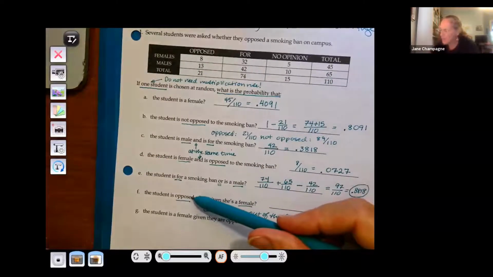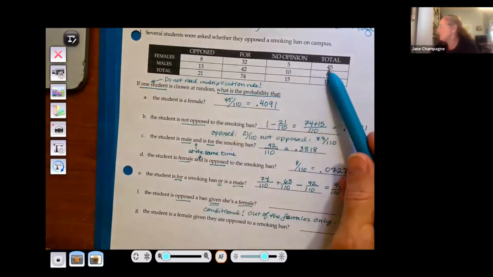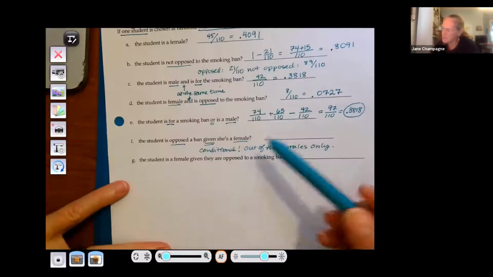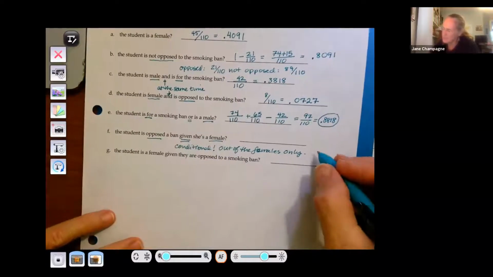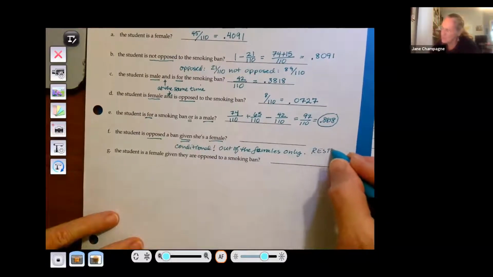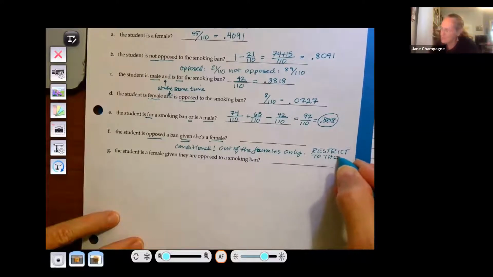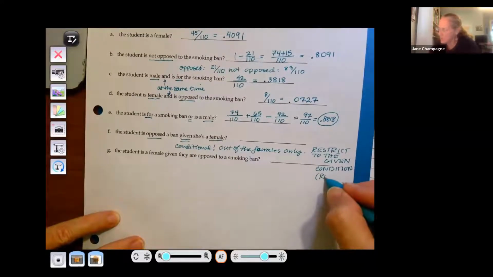So probability of being opposed, there's 8 females that were opposed out of the 45 females, okay? So again, this conditional means you restrict yourself just to the given condition, which for these tables is going to be a row or a column.